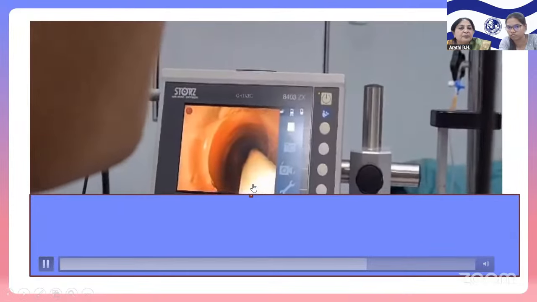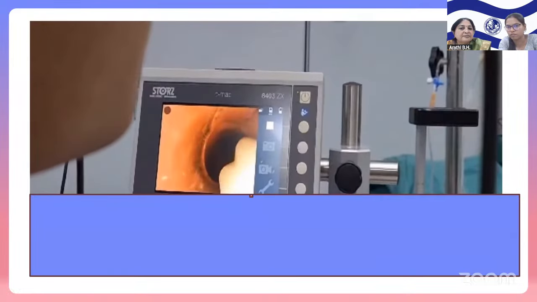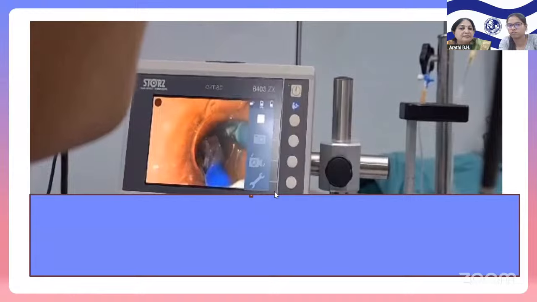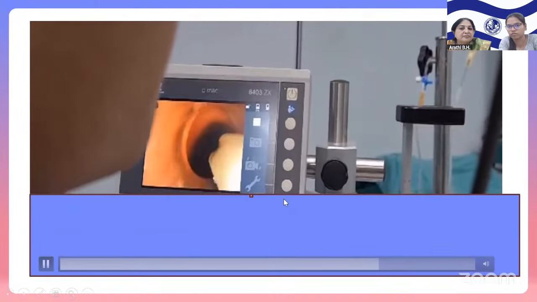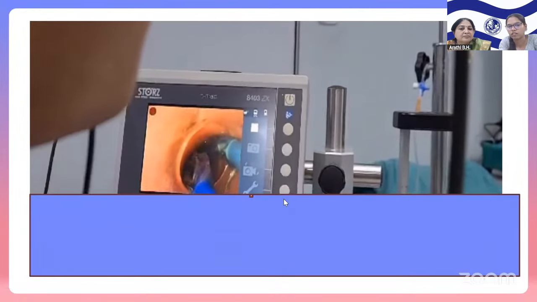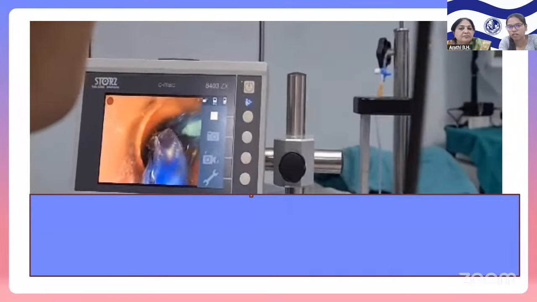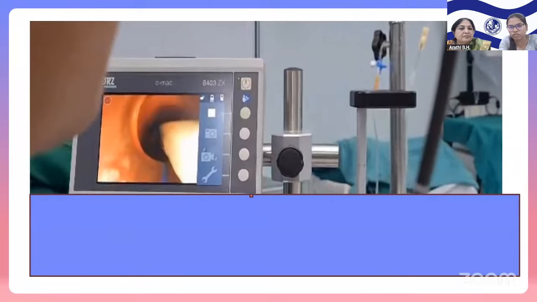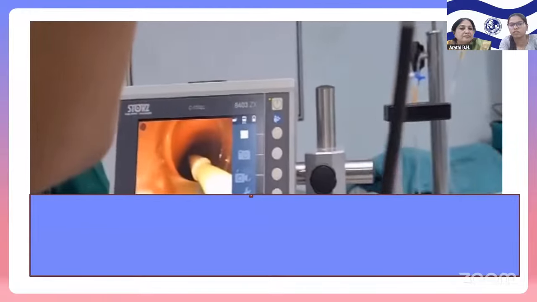Then I pull the blocker. Then the blocker is placed.